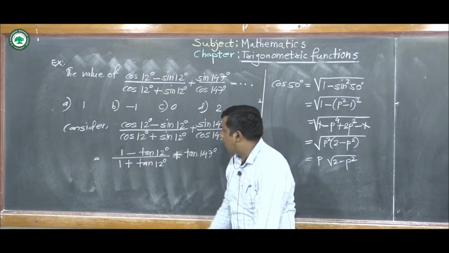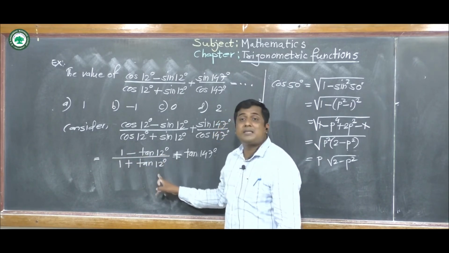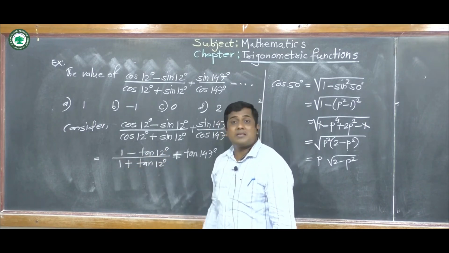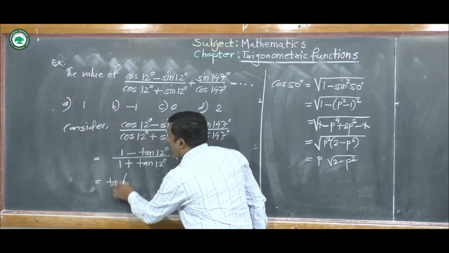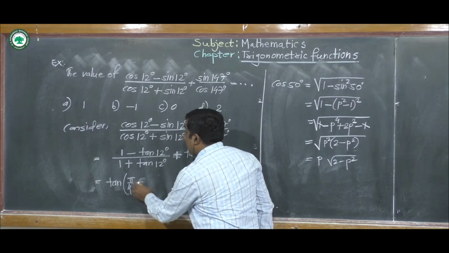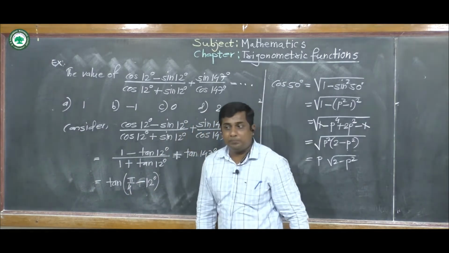Now we get the form 1 minus tan A upon 1 plus tan A, and we know this is tan of pi by 4 minus A, where A is 12 degree.